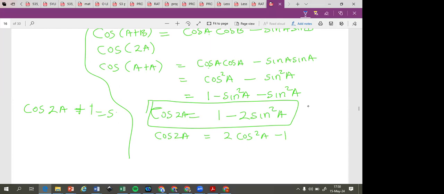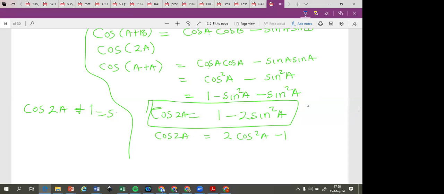Teacher, if you change that sine squared A, this step of cos squared A minus sine squared A. Teacher, have you seen there? I'm seeing.